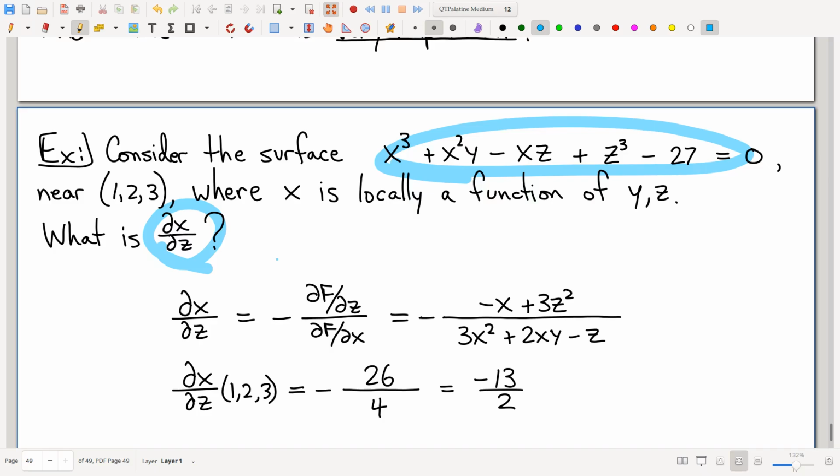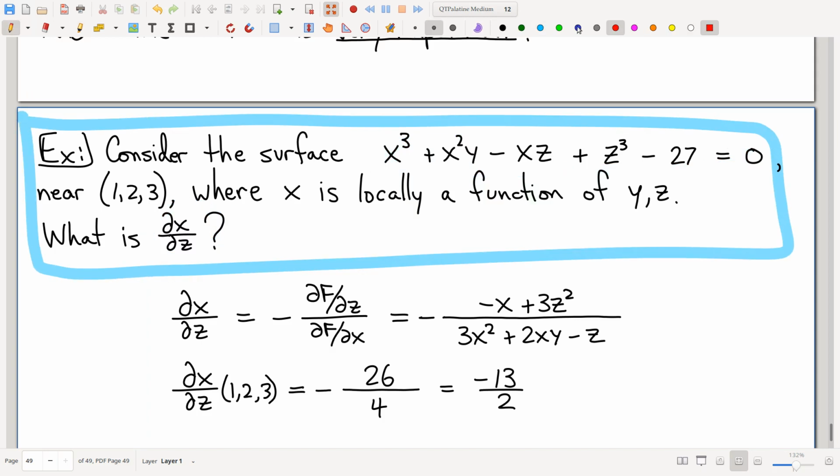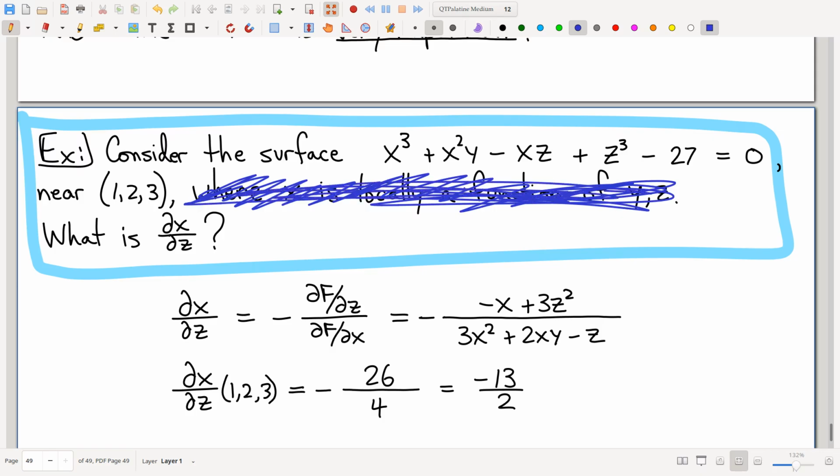So the way the question will probably be phrased is like this. It'll say, hey, there's a surface. What's the partial of x with respect to z? That's all it's going to say, right?